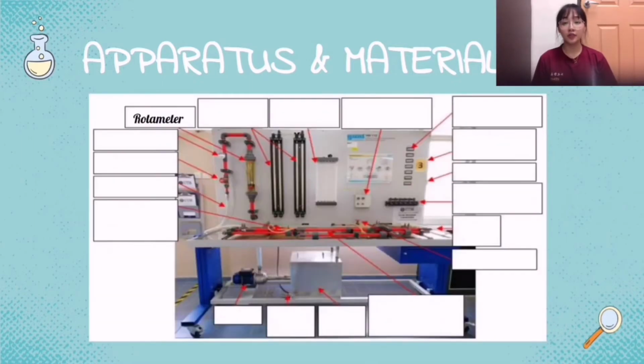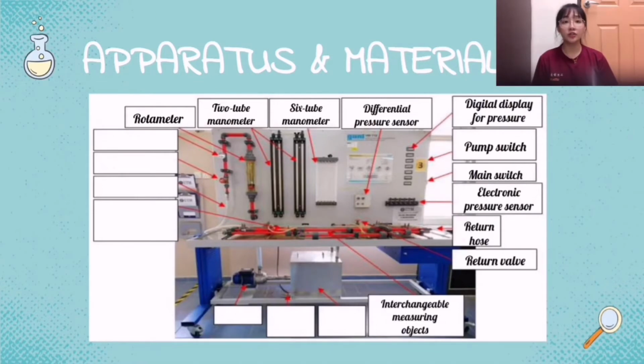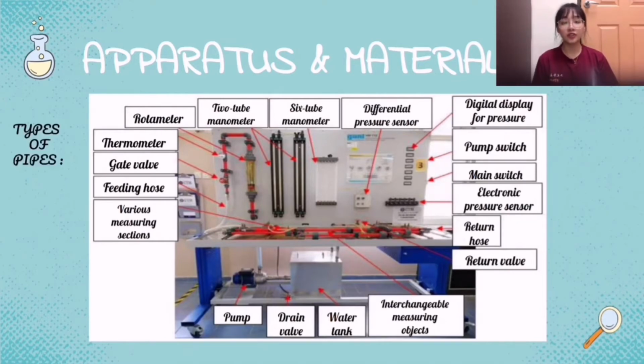We will use pressure-meter, 22 mm, 62 mm, differential pressure sensor, digital displays for pressure, pump switch, main switch, electronic pressure sensor, return hose, return valve, interchangeable measuring objects, water tank, drain valve, pump, various measuring sections, feeding hose, gate valve, thermometer, and we will use 3 types of pipe for this experiment: steel, copper, and PVC. And we will also use water for this experiment.